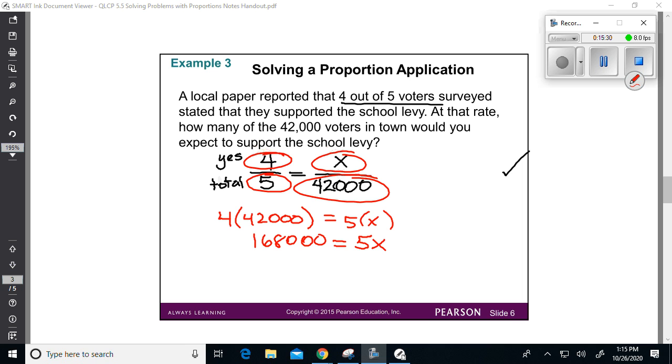Back down by 5. It'll be 33,600. Yes, please. Questions before we do another one?